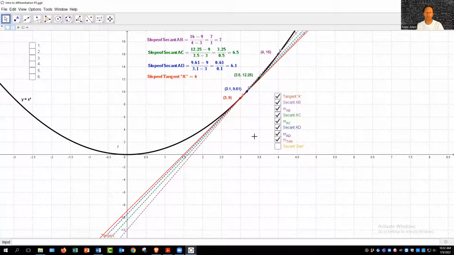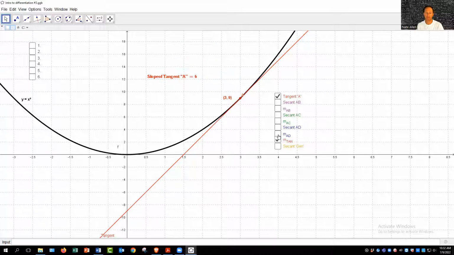We want to try to find a better way to do this process, to find that slope of 6. So what we're going to do is we're going to generalize. Let's choose, instead of a 4, a 3.5, a 3.1, let's choose any x to represent that close value. And our task is going to be to take that x and move it closer and closer and closer.